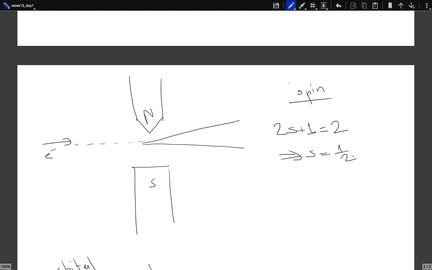So you will get all this spectrum. It will broaden, but there will be an electron going in every direction. But what turns out is the electrons either go up or go down. No electron goes straight, no electron goes anywhere in between. So this is a new property of the electron.